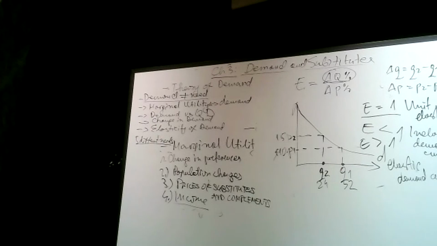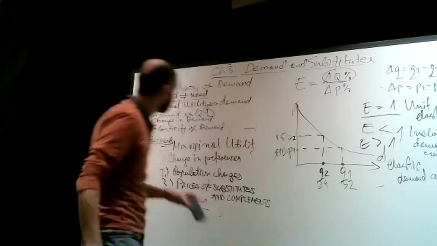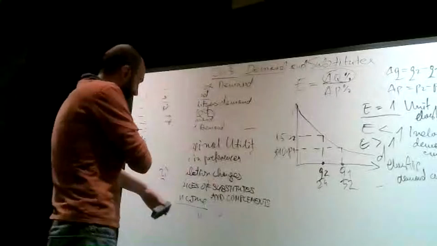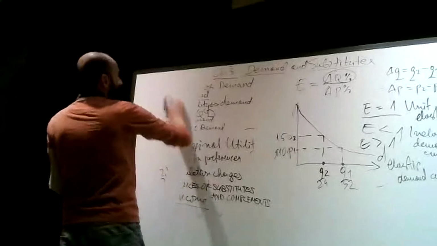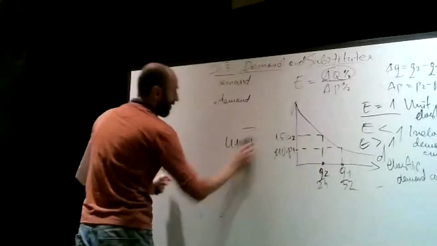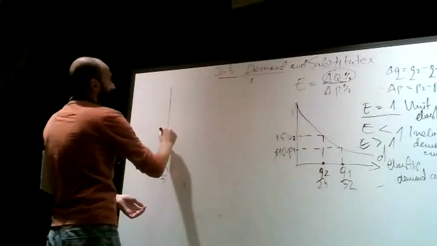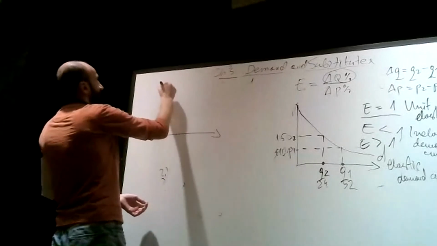So monopolistic, let's say, monopolistic firm faces the vertical demand curve.